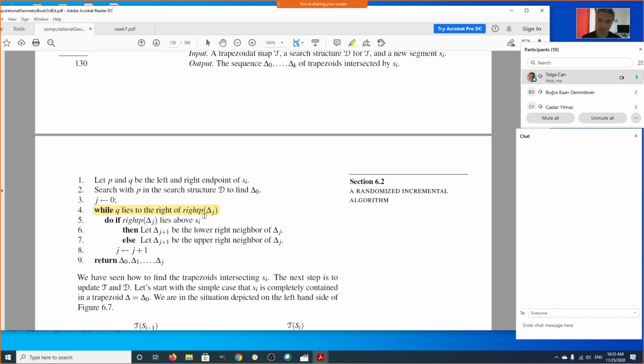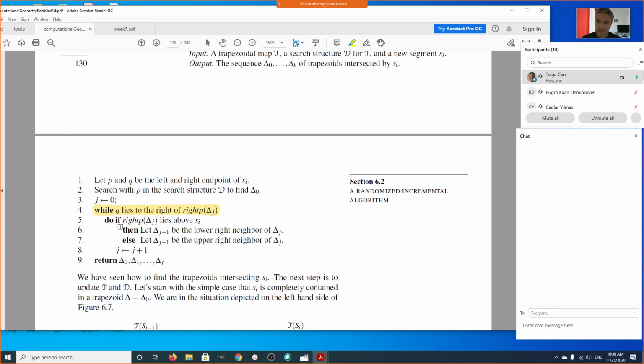So this line says that if there are more trapezoids to intersect, we haven't reached the endpoint yet. Every trapezoid has 4 bits of information. We are using one of them here, the right point of a trapezoid, whose x-coordinate tells us whether we have reached our destination while following our segment.